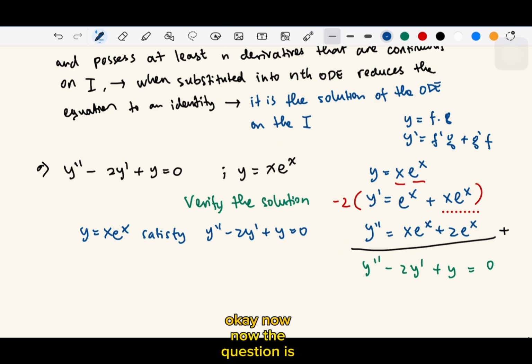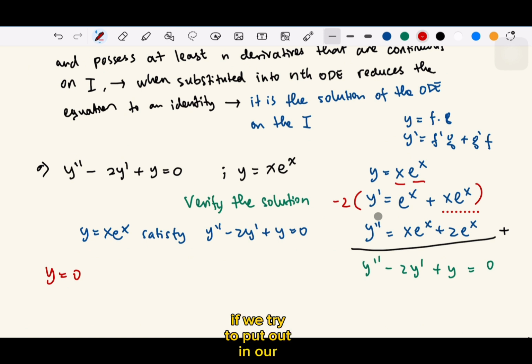Okay, now the question is, is it the only solution? Can we prove something that can be useful for the future? What other solutions might there be? The other solutions, which we usually call trivial solutions, are when, for example, we take y equals 0.